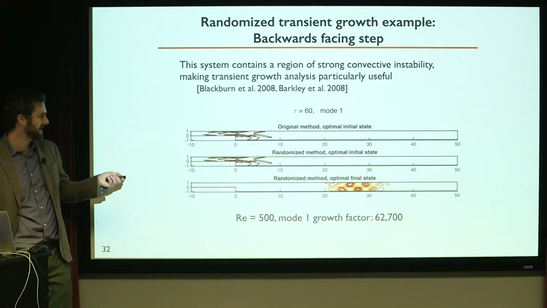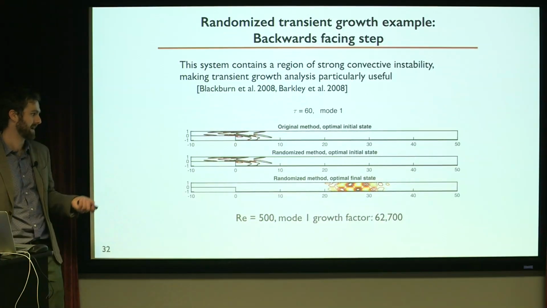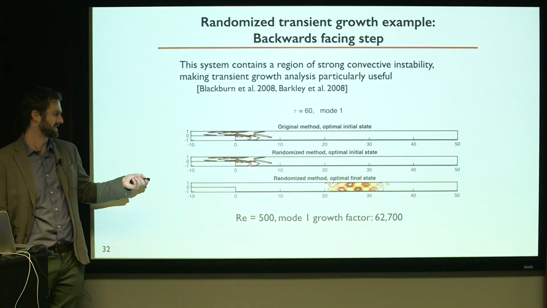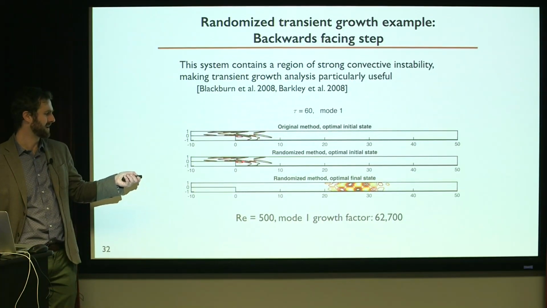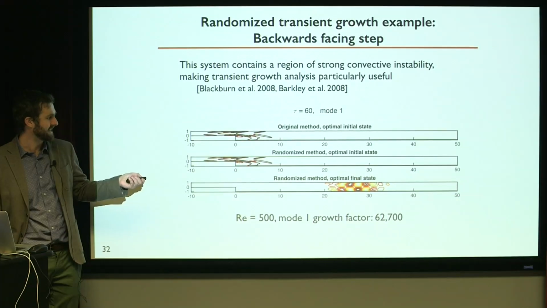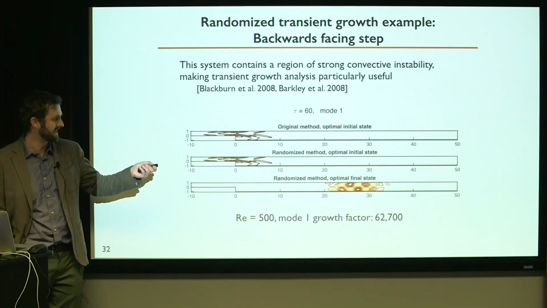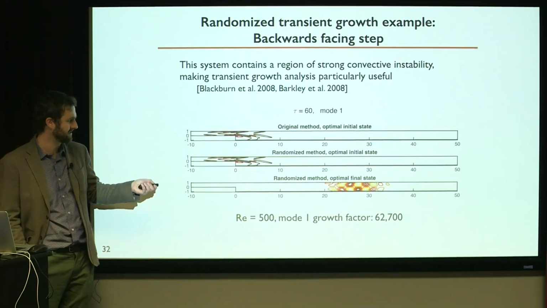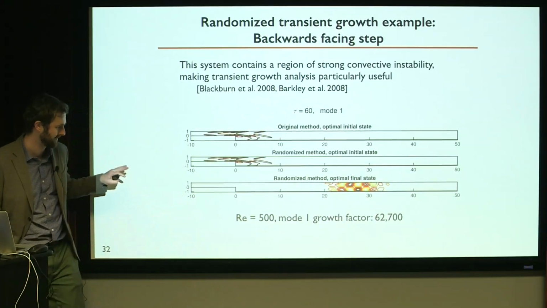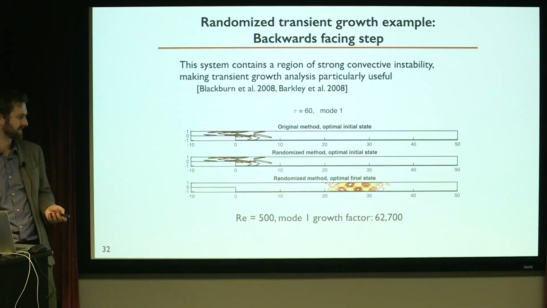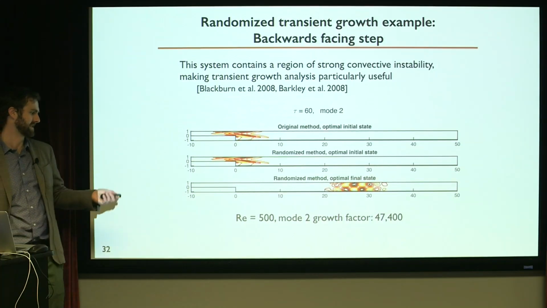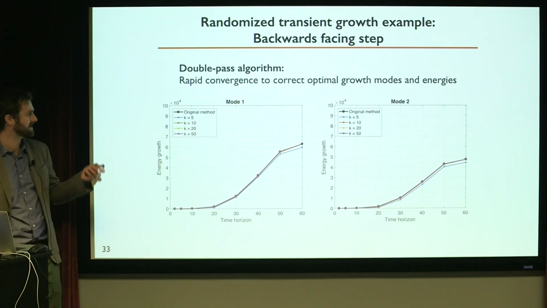Using our randomized method, we get essentially the same answer. This is our initial condition which amplifies in energy the most over 60 units in time. And after 60 units in time, it looks something like this. So we've convected downstream. And we can look at suboptimal modes as well, and it works.